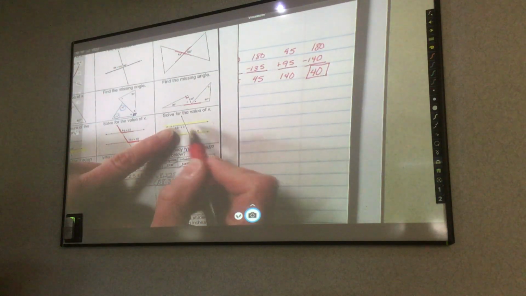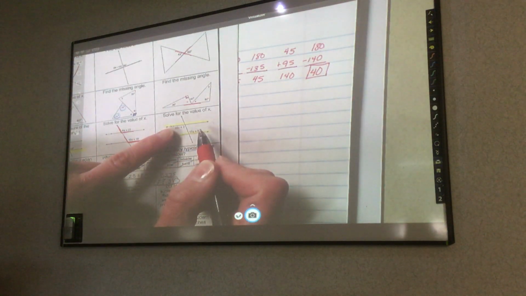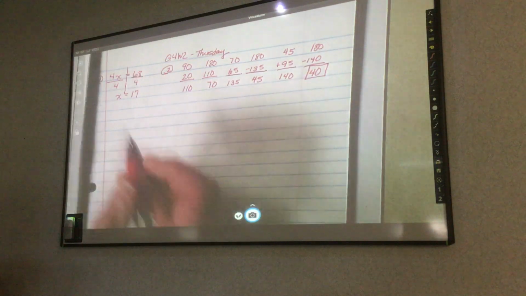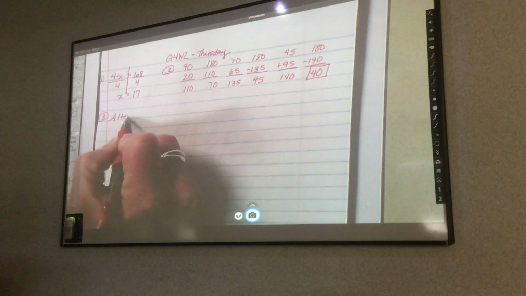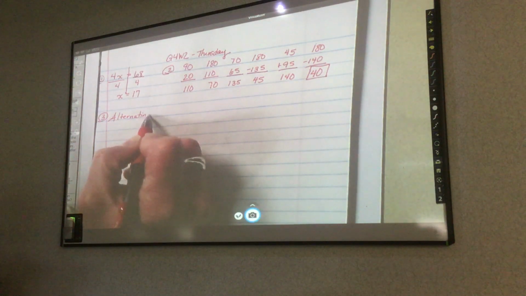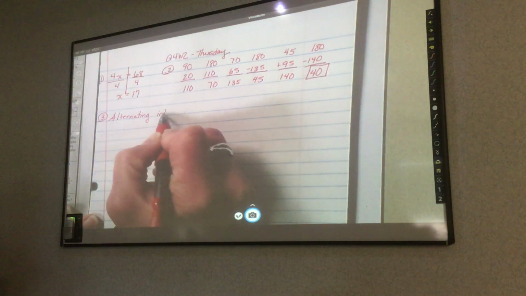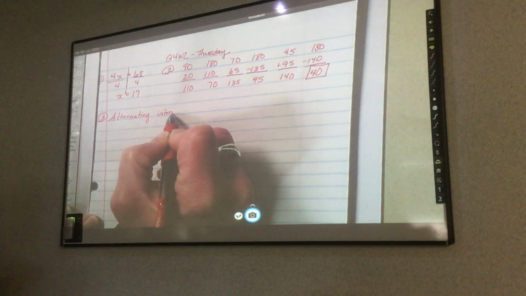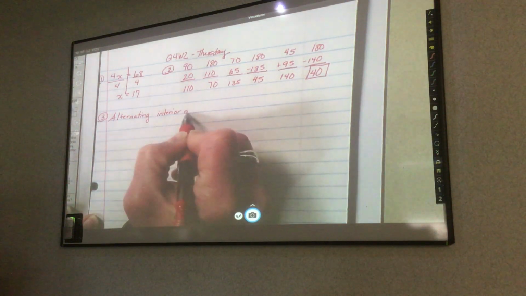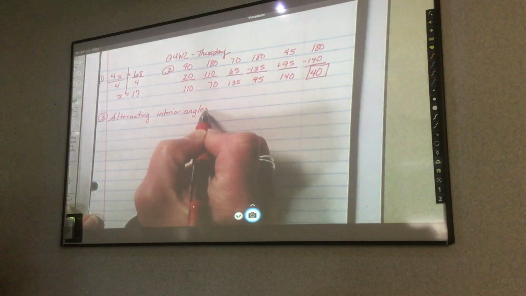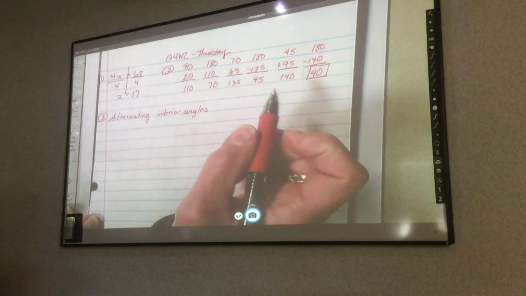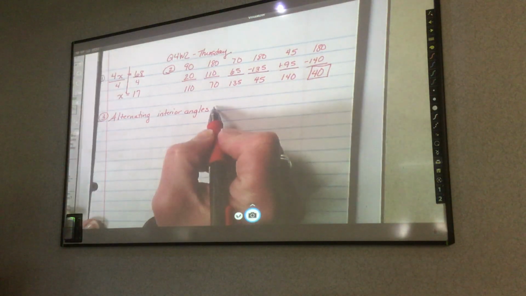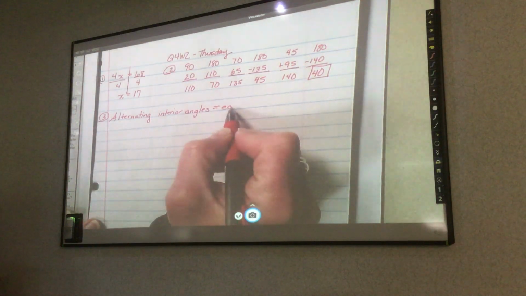Okay, they're inside. Are they on the same side or opposite side? So what do we call those? You got to write it down. Alternating interior angles. And what's so specific about alternating interior angles? They do what? Good. Equal each other.